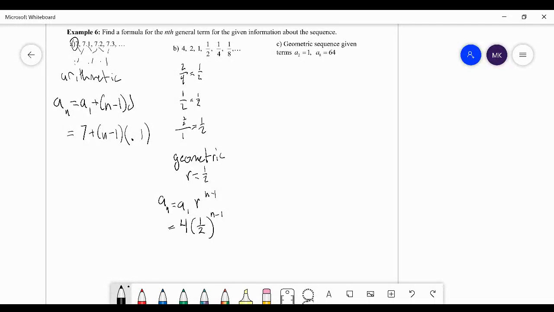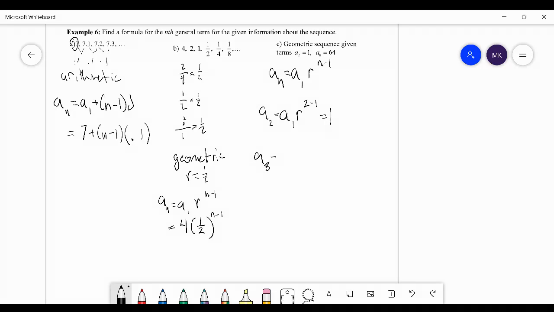So since I'm told that it's geometric, I know my general term is a sub n equals a1 times r to the n minus 1. So that means a sub 2 is going to be a1 times r to the 2 minus 1. And this equals 1 because a2 is 1.